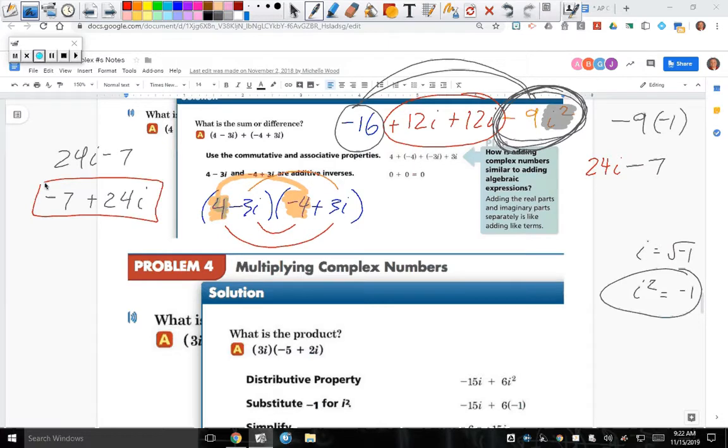Because in your answers, when you're doing quadratic formula, you're used to doing negative b plus or minus the square root of stuff. And if you're taking the square root of a negative 1, that i is going to be on the right side of the plus and minus.